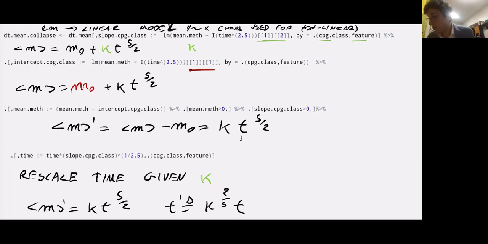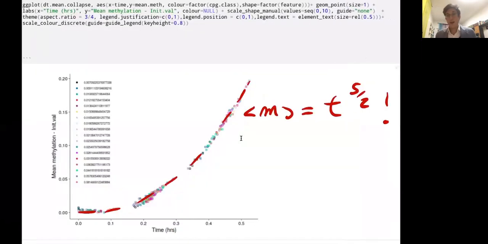And as you can see, with this newly defined time, for all of these curves we should have something like this: average m prime will be t prime to the power of 5/2. And if we now just plot this, the dtmin collapse, we can see that all these curves nicely collapse into a single master curve.